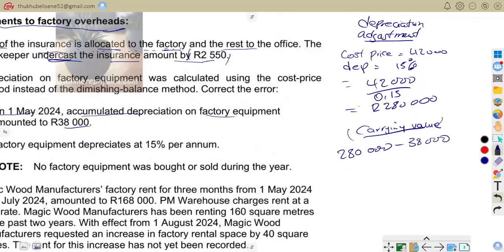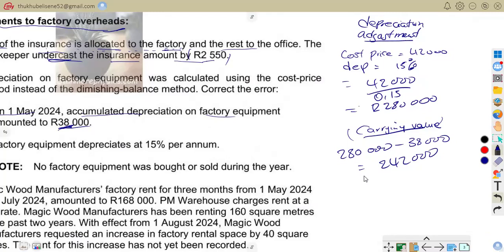The 38,000 that I'm talking about is the accumulated depreciation. So this cost price minus this accumulated depreciation will give us 242,000.